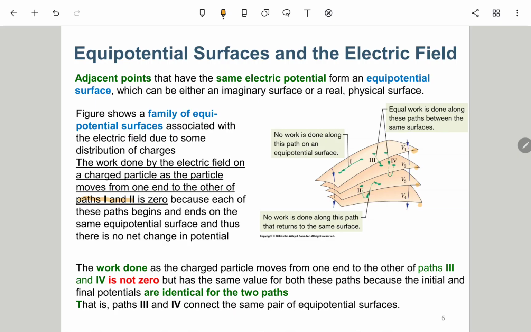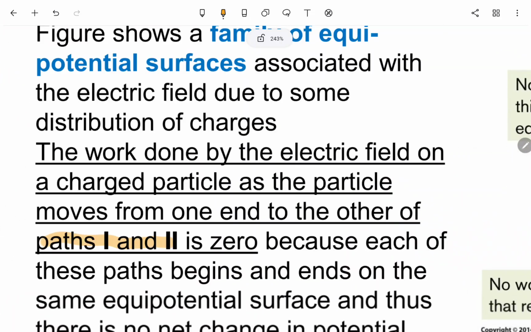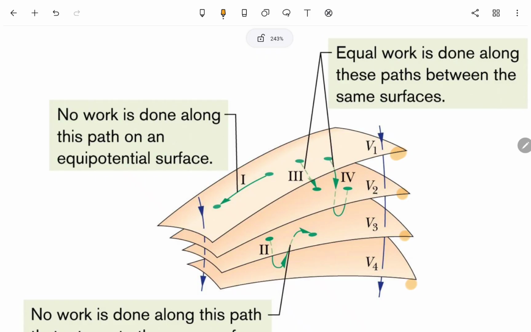What it means is that path 1 starts from this point and moves this way to this point. Both the starting point and the end point are on the V1 potential surface, so delta V is 0, and we don't need to do any work. Delta V is nothing but V1 minus V1, which is 0.